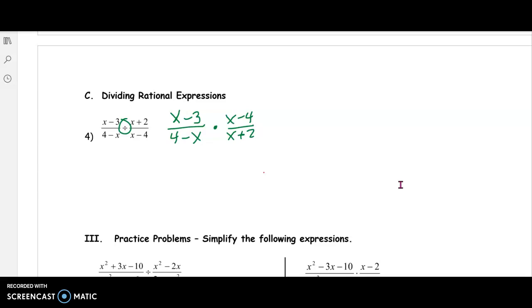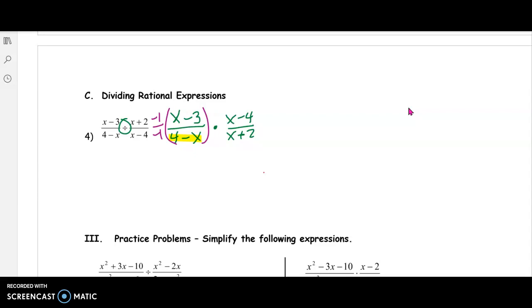Now, we had learned that we could swap some of this out, and so we very well may need to do that. This one right here, we're going to change the order of that, and let's see what it looks like. So what I'm doing here is multiplying the numerator and the denominator by negative 1.